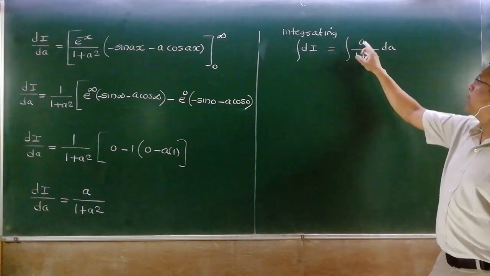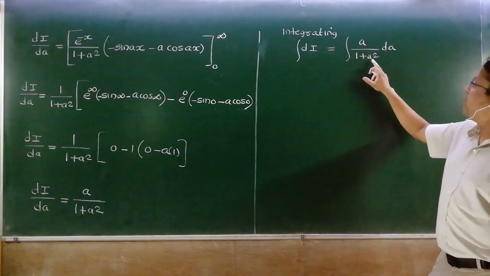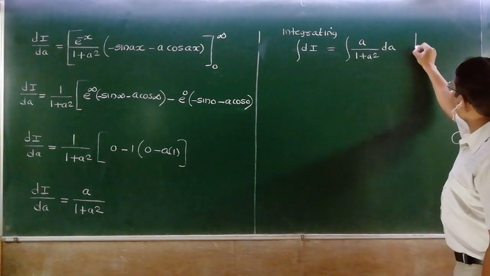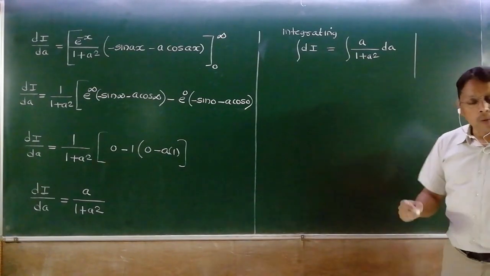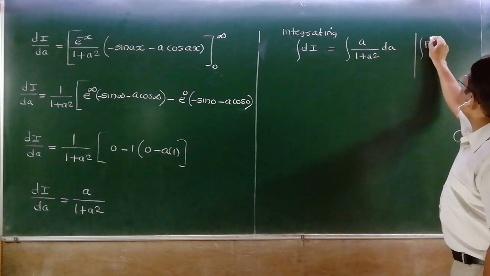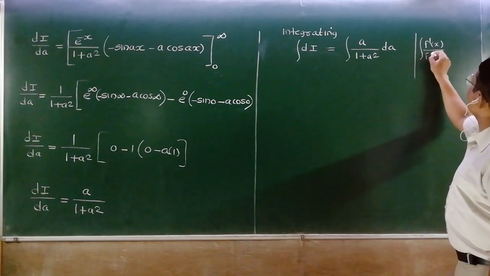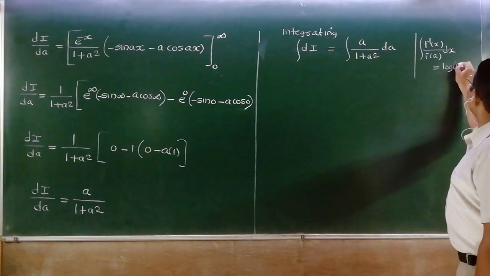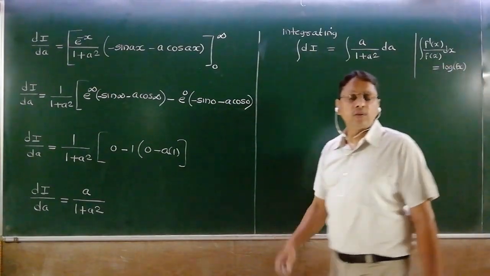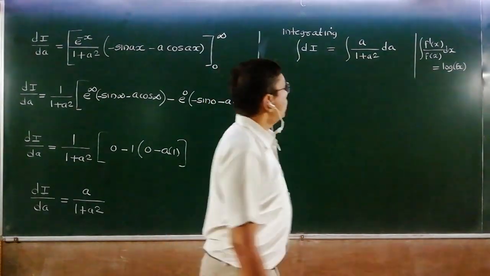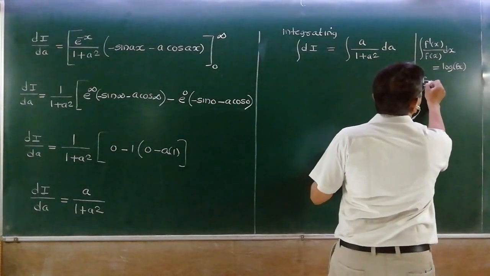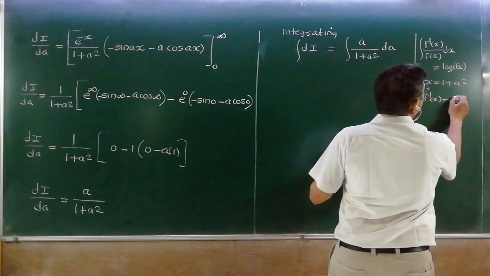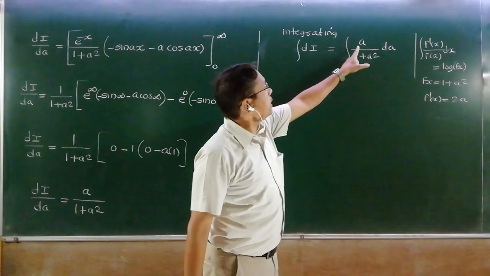The differential of 1 plus a square is twice a. So I am going to use this formula: the integration of f dash x upon f x is log of that function. Your function is 1 plus a square, so f dash x is twice a. Here I want twice a in the numerator.